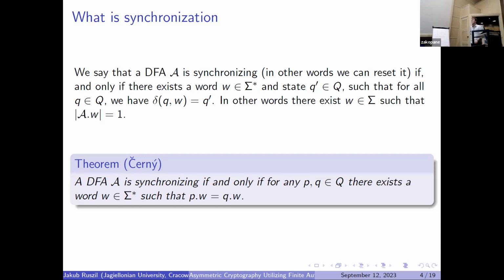We also have a nice algorithmic characterization of synchronizing DFAs. The theorem is due to Černý, I think the most important person in the theory of synchronization of DFAs, who initiated it.